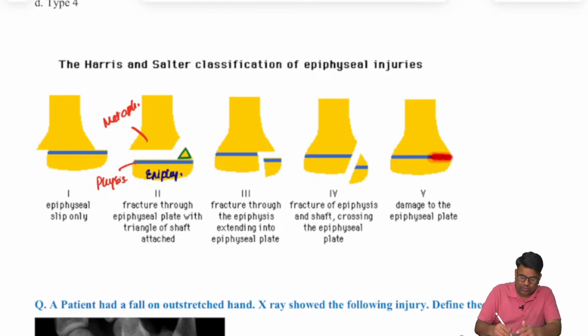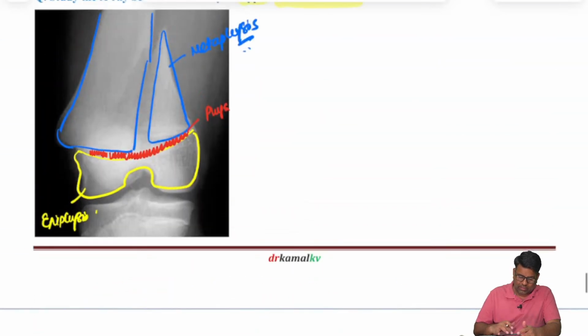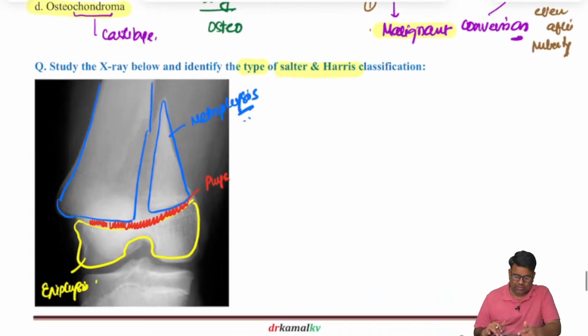Such kind of injury is known as Salter-Harris type 2, where there is a fracture through the growth plate, with a triangular portion of the metaphysis still attached, and this is known as the Thurston-Holland sign. This piece of the metaphysis is known as the Thurston-Holland sign. Okay, so this is type 2, and this is a classical X-ray depicting type 2, right? This is Salter-Harris type 2 classification.